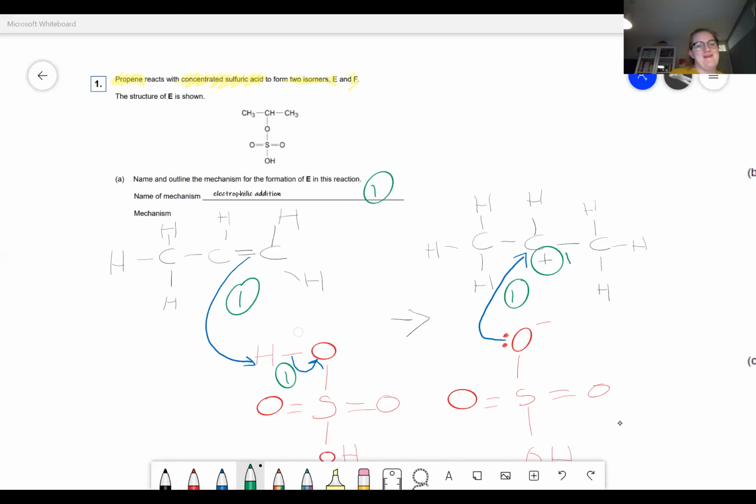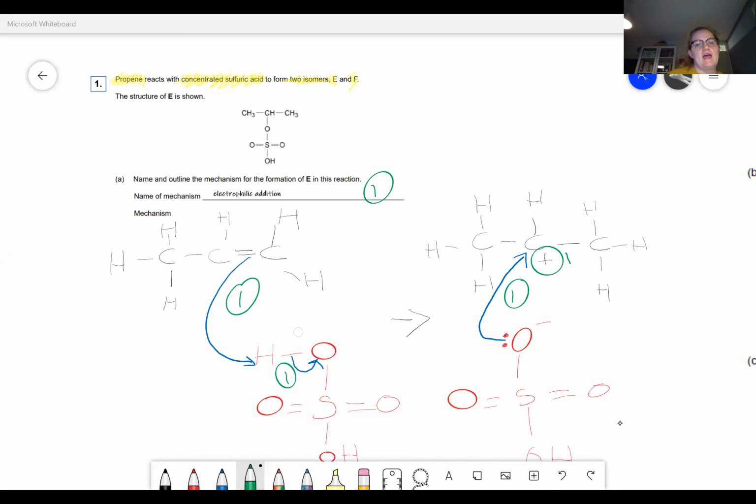It was propene reacts with concentrated sulfuric acid to form 2 isomers, isomer E and F. And you were shown the structure of isomer E, and you were asked to name and outline the mechanism. Oh, I don't know if I'm showing the screen now, actually. Let me screen share. There we go. Show isomer E and isomer F.